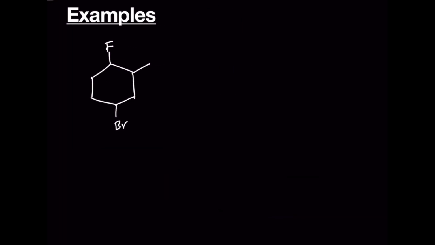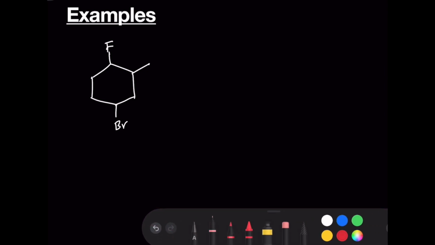Now how about if we have 3 substituents, how can we go about the naming here? Can we start numbering from bromine as usual, the way we did before? If we do that, then 1, 2, 3, 4, 5, 6, the substituents are at 1, 3, 4 position. On the contrary, if you start your numbering from fluorine, it is 1, 2, 3, 4, 5, 6.